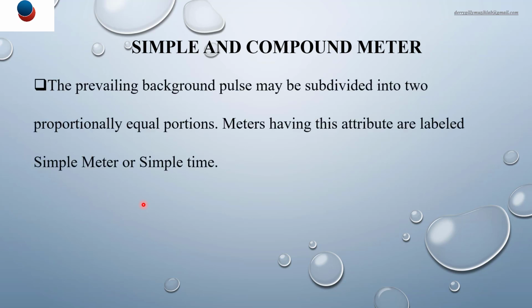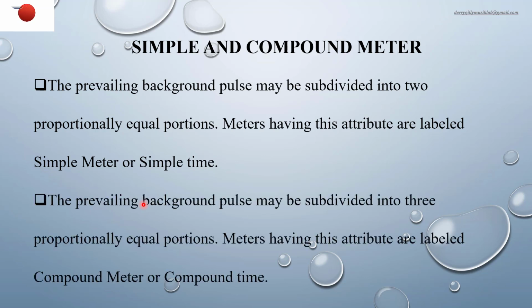The first one, the prevailing background pulse may be subdivided into two proportionally equal portions, and this attribute is labeled as simple meter or simple time. And then we have the second one, the prevailing background pulse may be divided into three proportionally equal portions, and this attribute is labeled as compound meter or compound time.